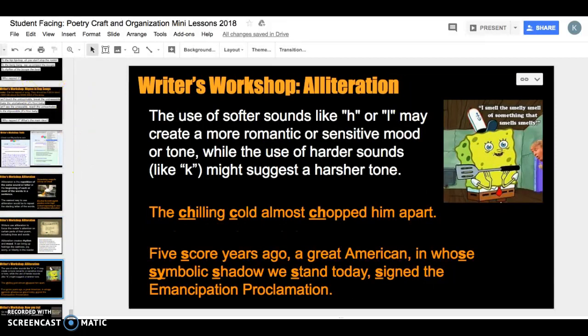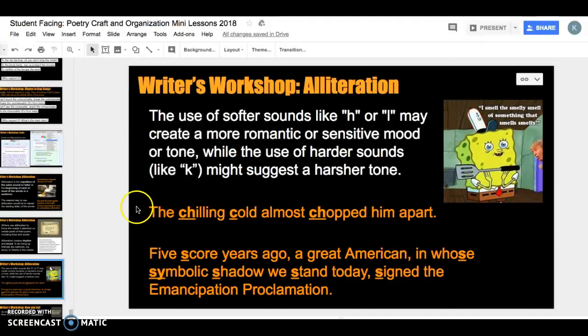And so here's some other examples of how you might use alliteration. Softer sounds like H or L might create a more romantic or sensitive mood or tone in your poem, while the use of harder sounds like K might suggest a harsher tone. If we think about a couple examples here, the chilling cold almost chopped him apart.